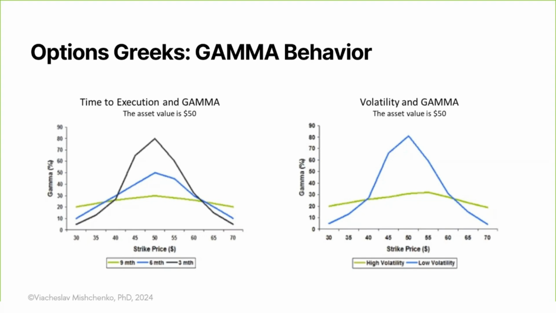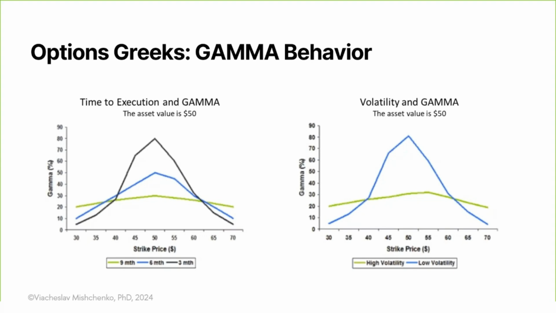First, we can look at how gamma behaves as we approach expiration of the option. You can see that it starts relatively flat when we are far from expiration, but as we get closer, it spikes dramatically for at-the-money options. And this is why gamma risk can explode near expiration.